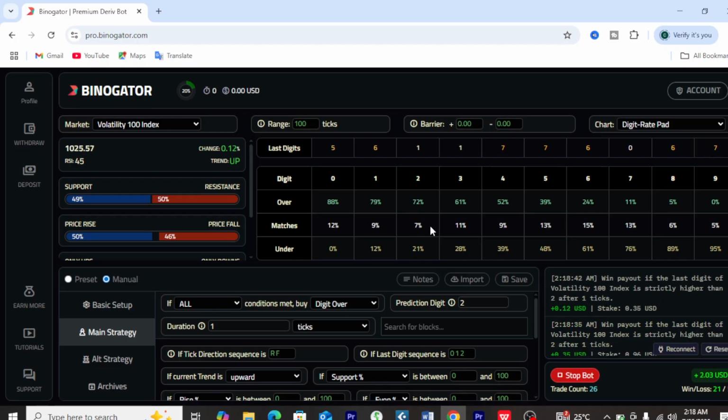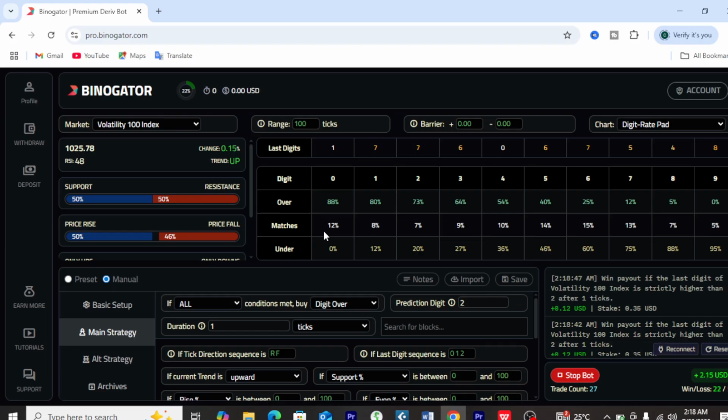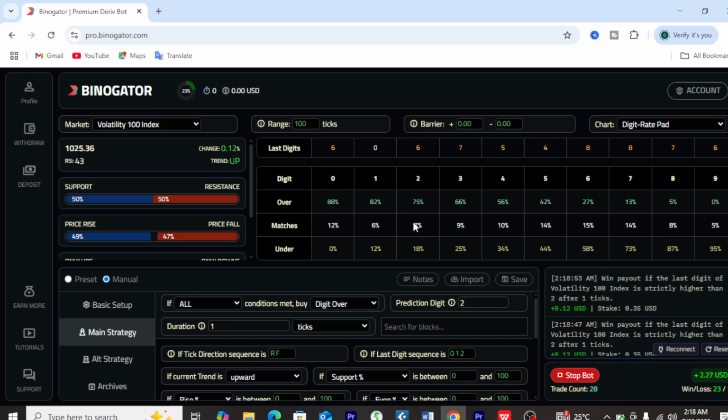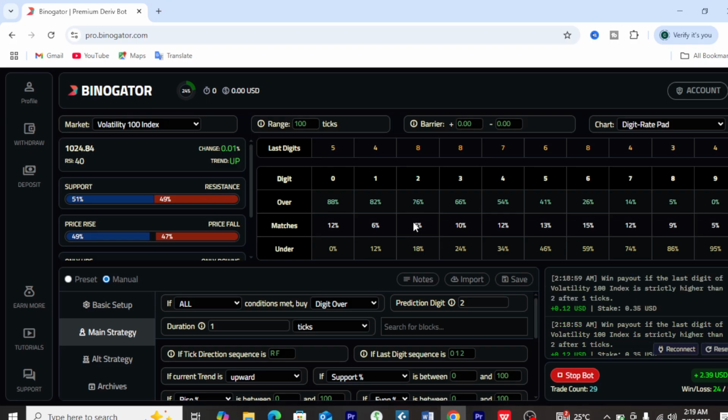So that means that you are using probability. This is a pure probability based strategy. So I'm using this matches percentages to check if I'm going to get a last digit that is greater than 2.